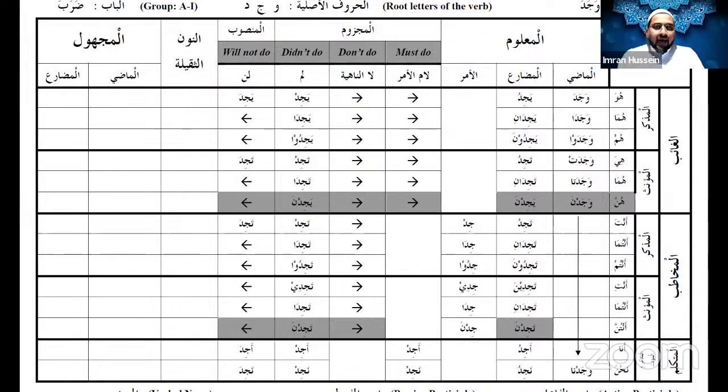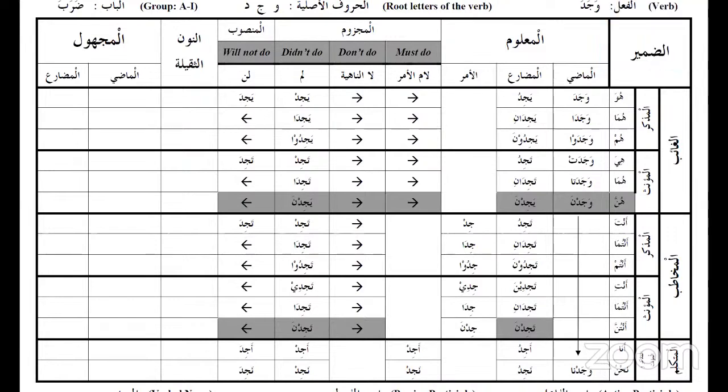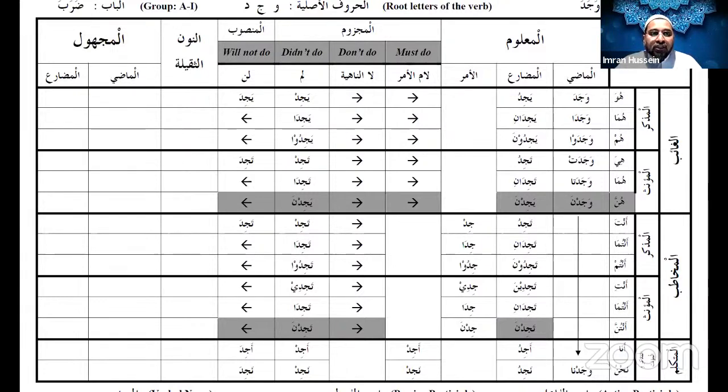Excellent. Now the present tense here, wajada yajidu, is the same as daraba yadribu. What has happened here is that in the original verb, after the ya there should have been a waw, so it should have been yawjidu.